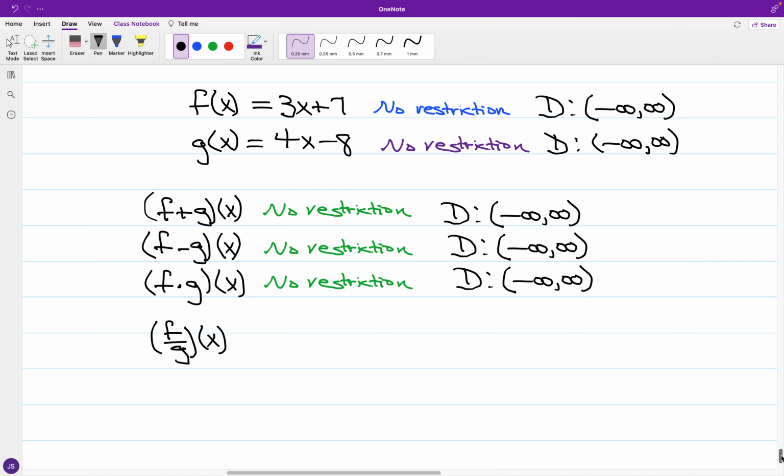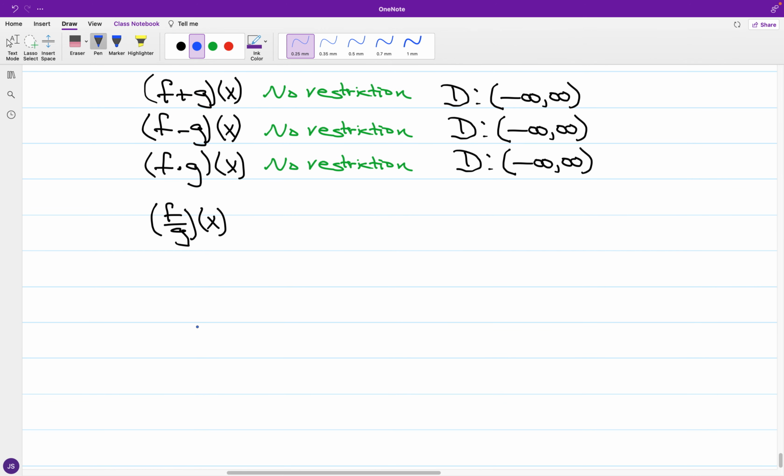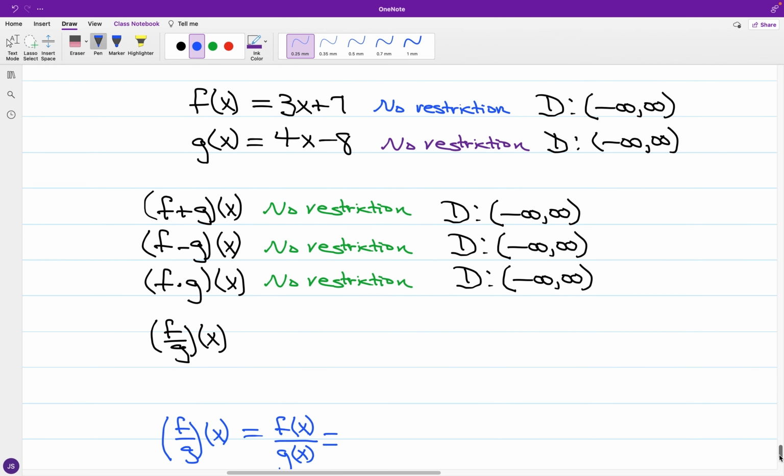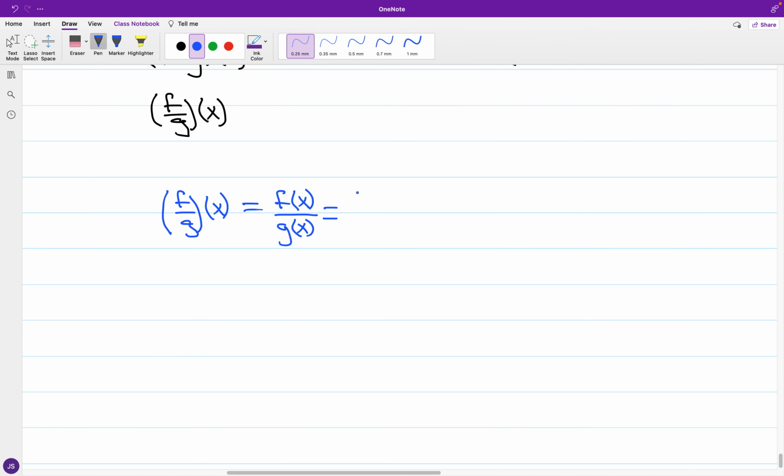So for f over g of x, we have f of x over g of x. And again, f of x is 3x plus 7, and for g of x we have 4x minus 8.